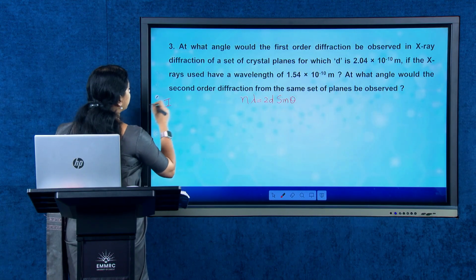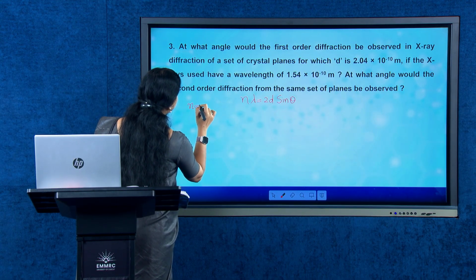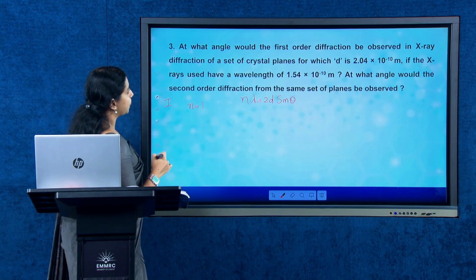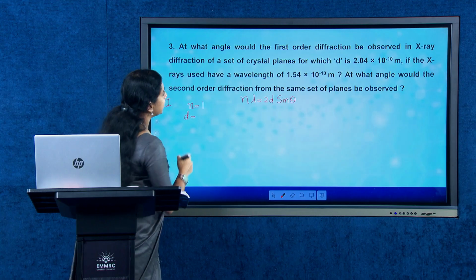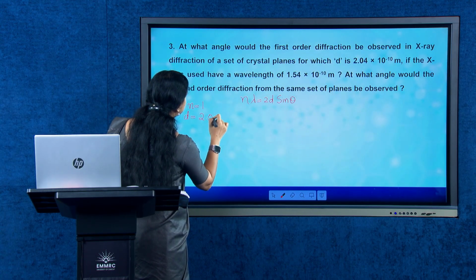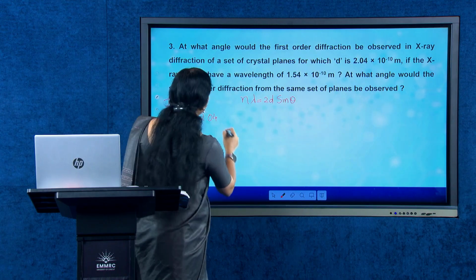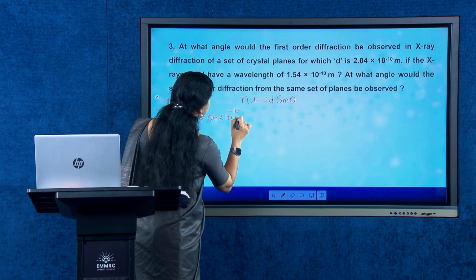The first part, we have first order diffraction. So, we have n is equal to 1. The d value is given, that is the spacing, d is equal to 2.04 into 10 to the power of minus 10 meter.